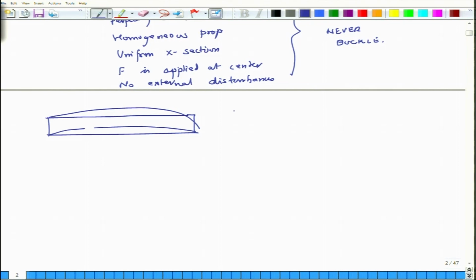So real bars can be slightly bent, or can receive external disturbances.